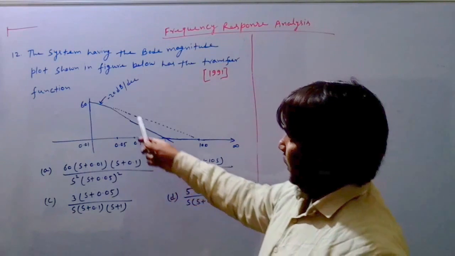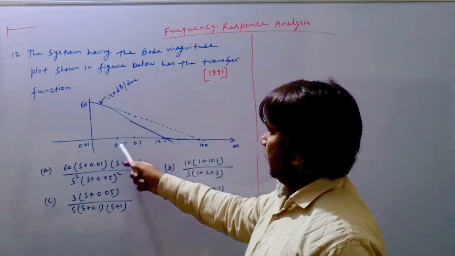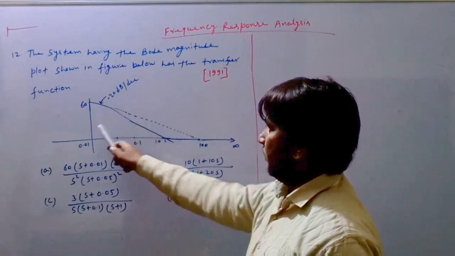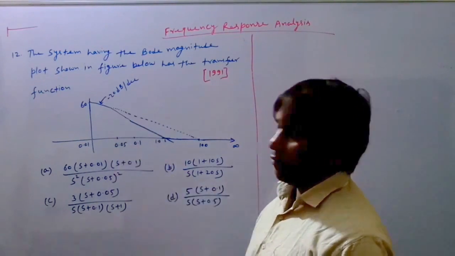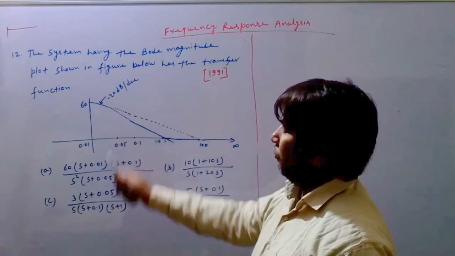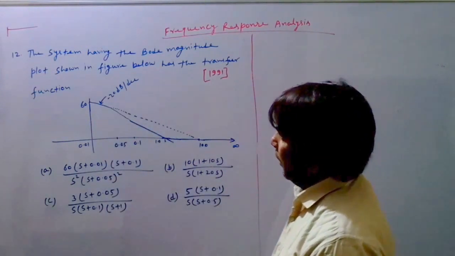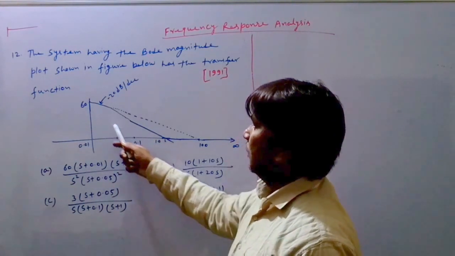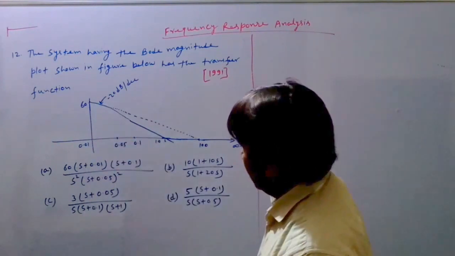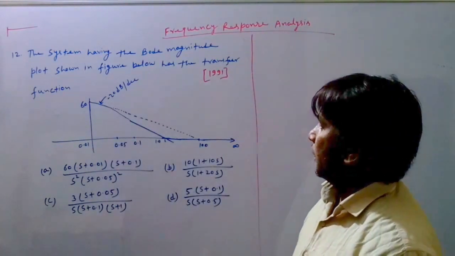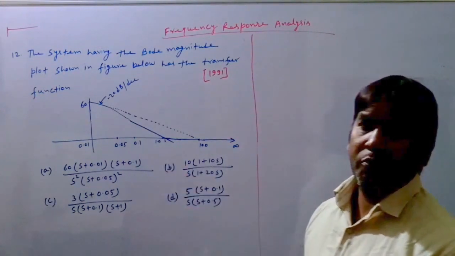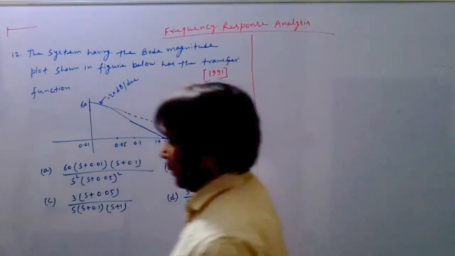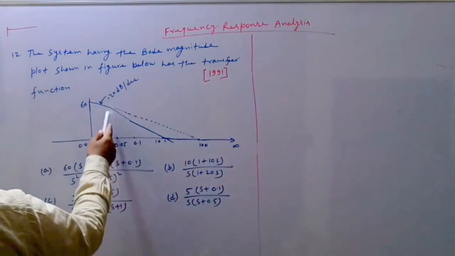Again, we see that this Bode plot is existing left to 1, and also left to 0.05 and 0.1, so there must be some open loop pole at origin, because if there is no open loop pole, then this should stop here only.